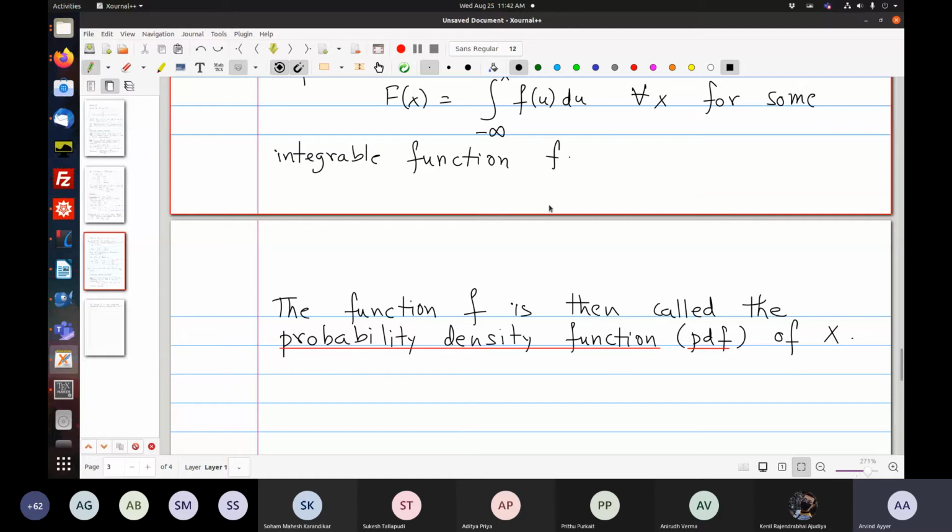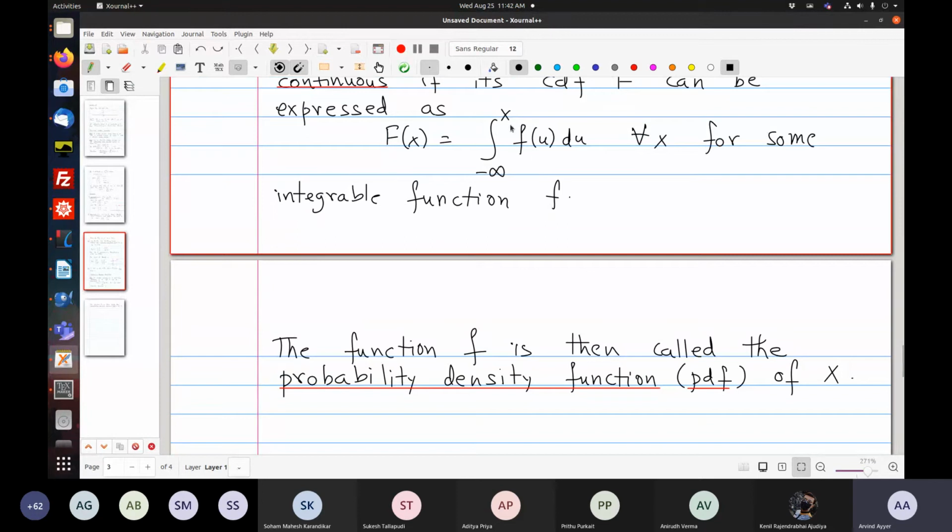This function is called the density, and the reason it's called density again is to reinforce this notion of probabilities being analogous to masses. Remember how, for example, in your physics classes in high school, you would have calculated masses as integrals of densities.